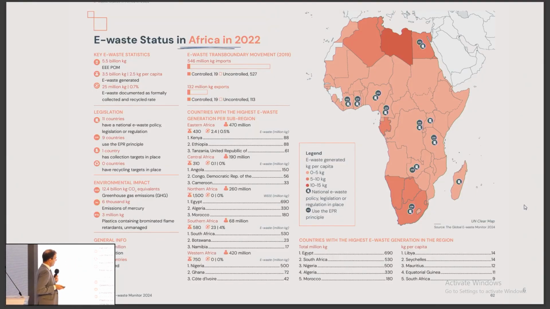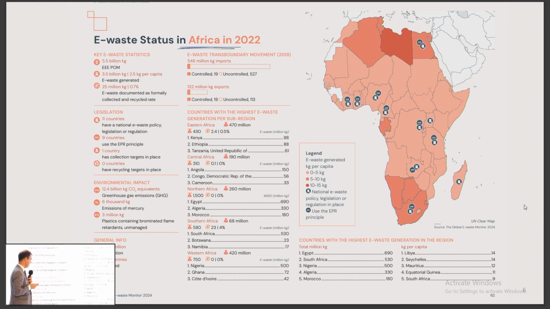If you want to understand more about the main data about Africa, this has been summarized in the Global E-Waste Monitor in this infographic. I'm not going to go over it entirely. I just want to show you, if you're interested in these numbers, please read this, and you can find anything you would like to know about your country, how it relates to the other countries, if a country has a legislation or not.